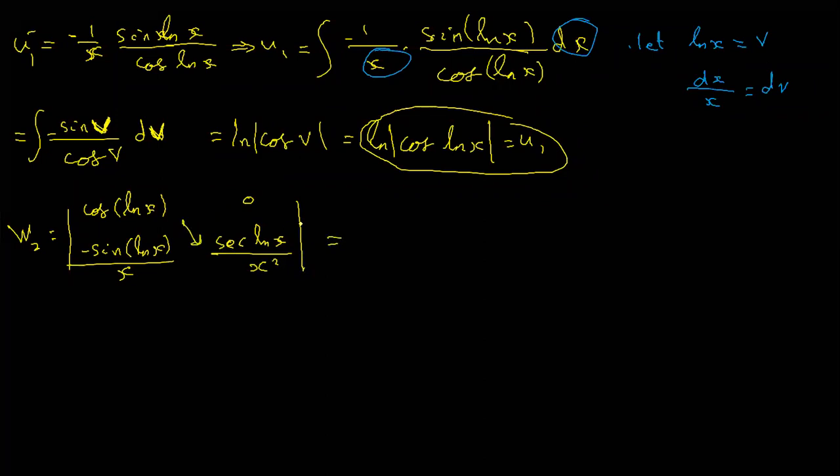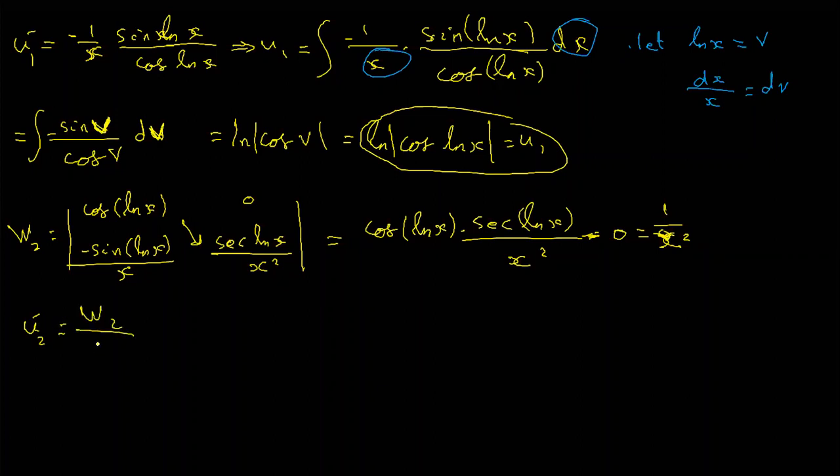This by this will give me cosine ln x times sec ln x all over x squared minus 0. What do you think about cosine times sec? 1. So I have 1 over x squared. After finding w2, I'm going to find u2 prime, equal w2 over w.